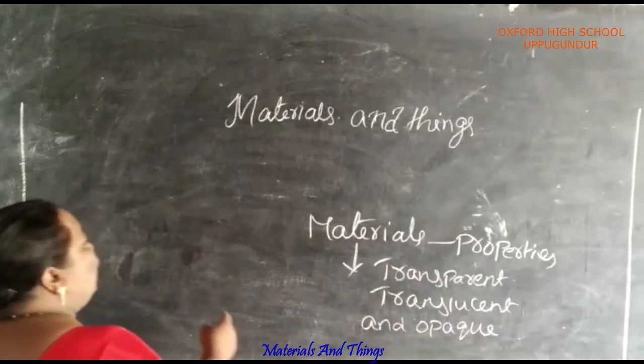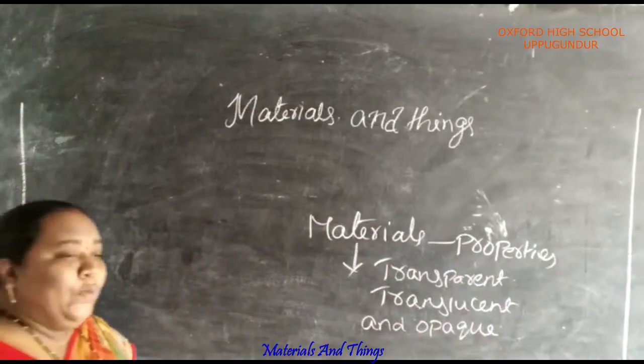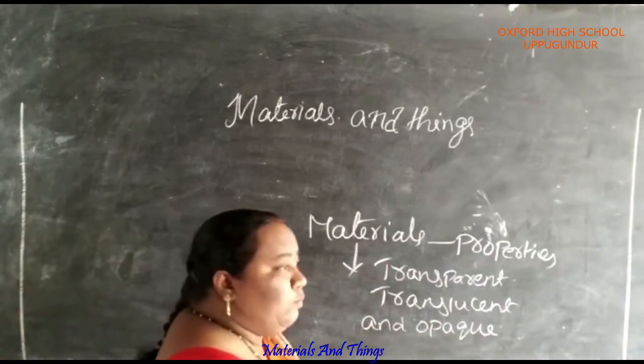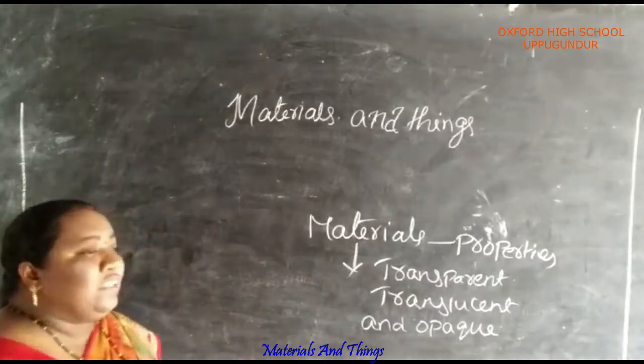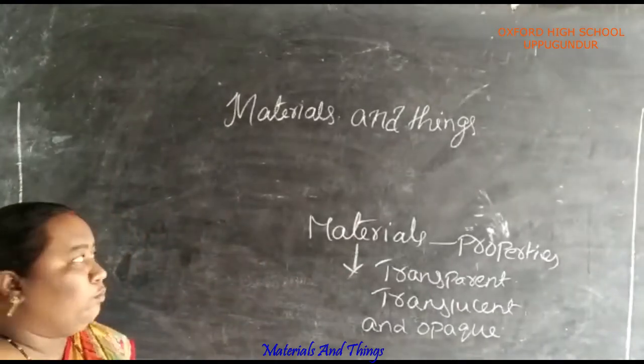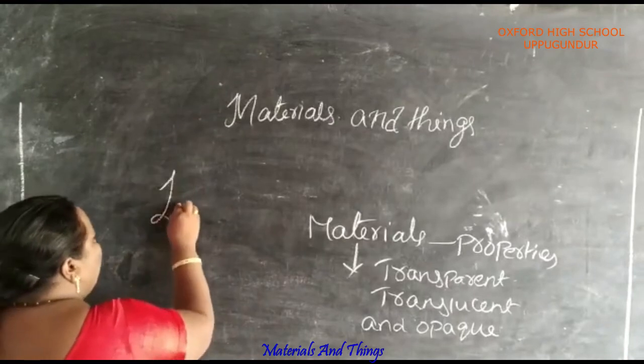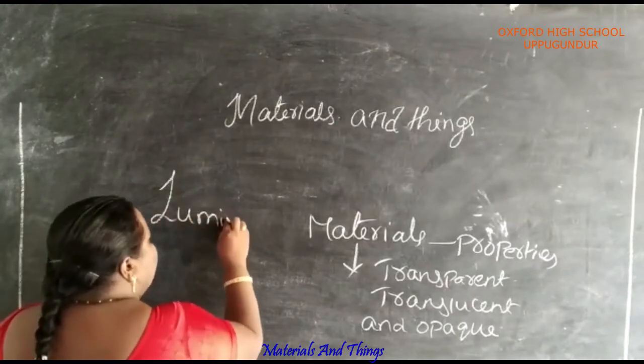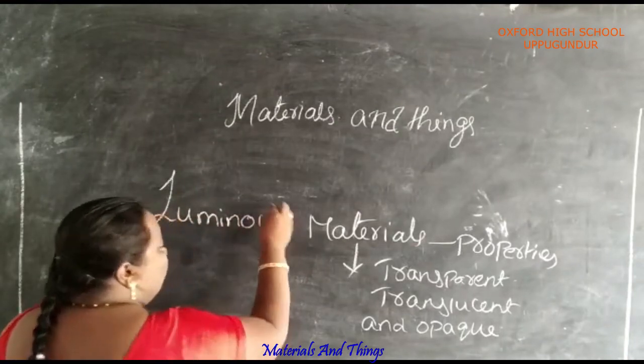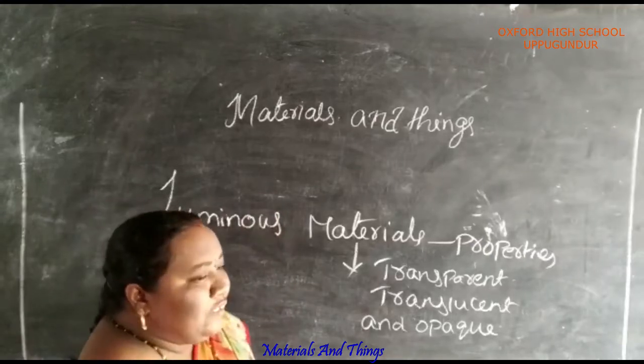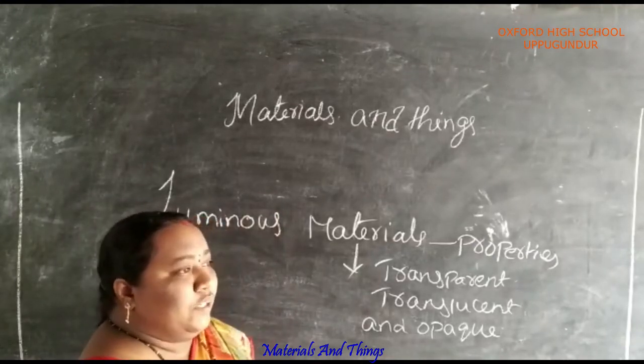There are two types of objects, mainly luminous and non-luminous objects. What is meant by luminous and what is meant by non-luminous objects? First we will discuss the luminous objects. The objects which give us light are called luminous objects.